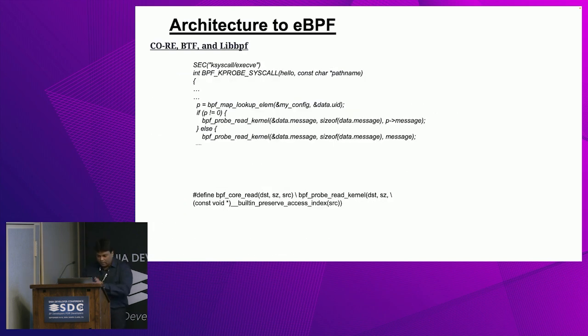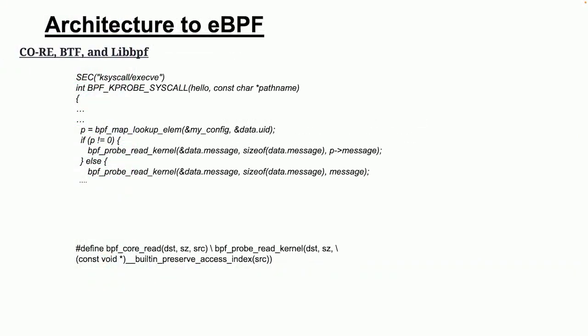Typically, at a high level, I'll explain how CO-RE works. Here you can see something called bpf_probe_read_kernel in the upper half. This is a basic BPF helper function used to read kernel memory. But the CO-RE equivalent of the read is bpf_core_read.